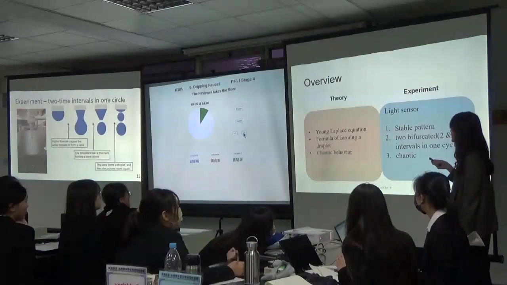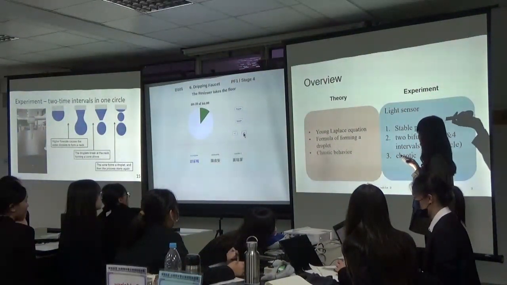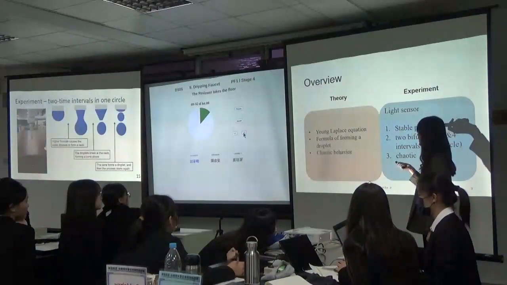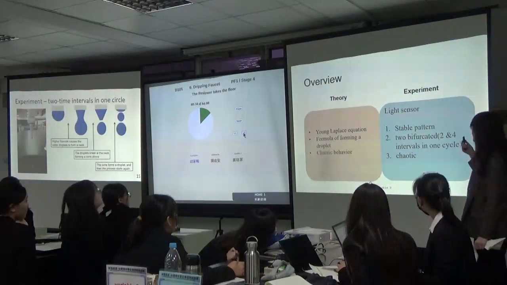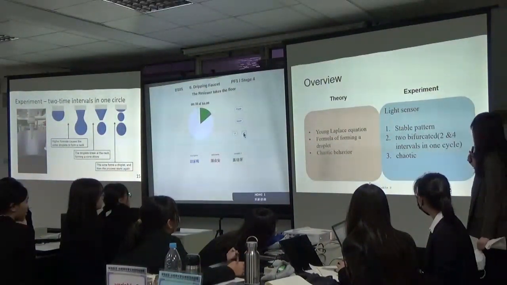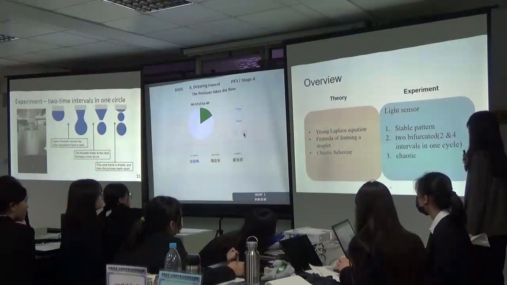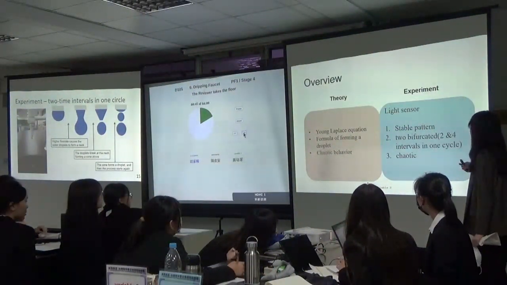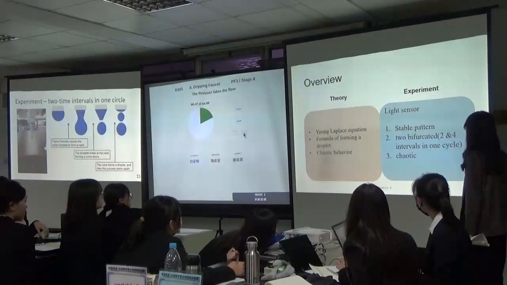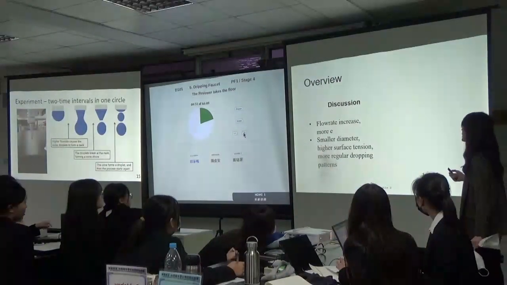The theory is the Young-Laplace equation and the formula of forming droplets and the chaotic behavior. In the experiment they use the light sensor and the stable pattern, and it has three parts. The first is the stable pattern, the second is bifurcation, and the third is chaotic. Okay, here's the discussion.